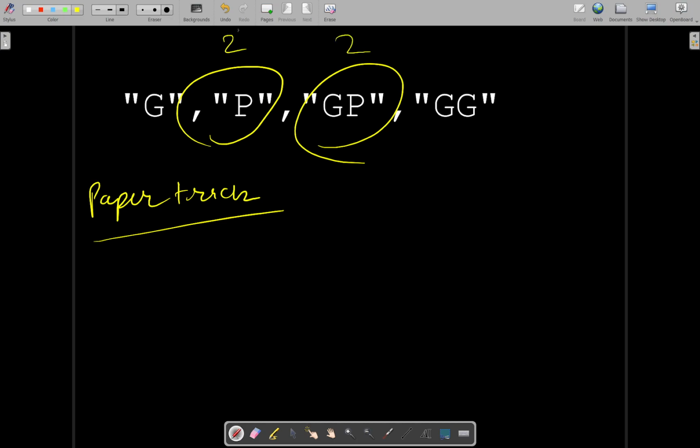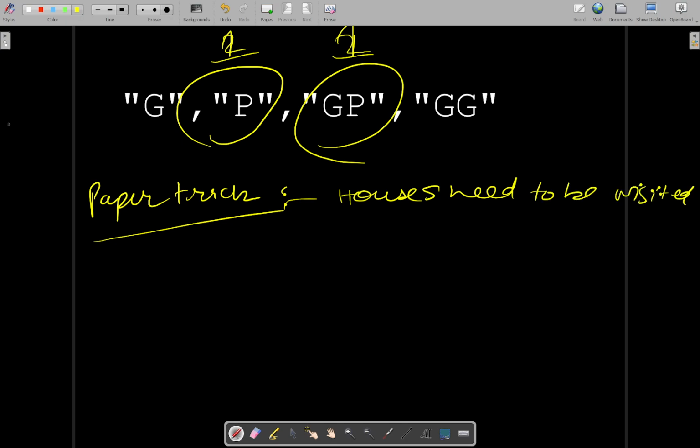The houses that need to be visited, if you mark the indices with respect to zero based indexing, will be the first house and the second house.